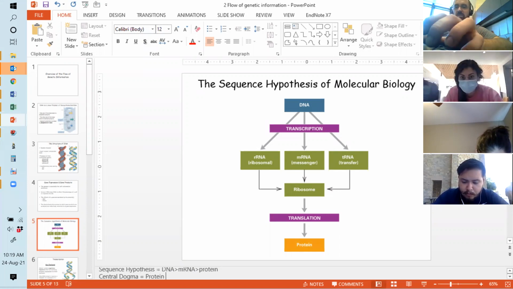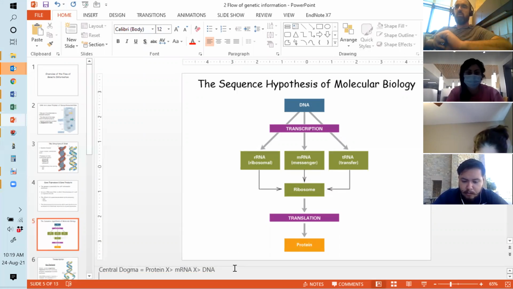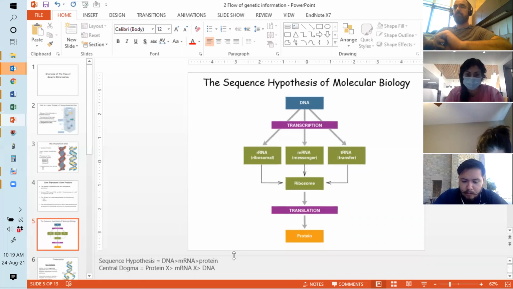Basically, the central dogma is you can't go backwards. That's what the central dogma means.